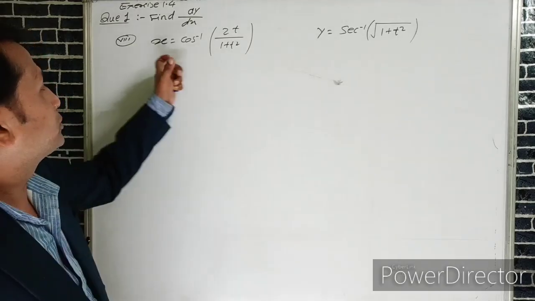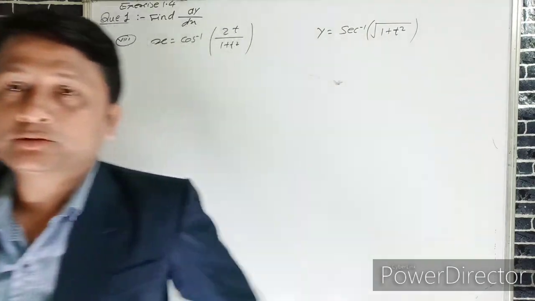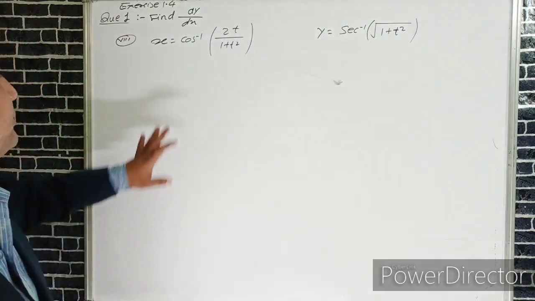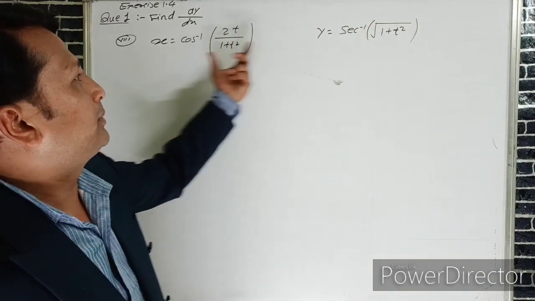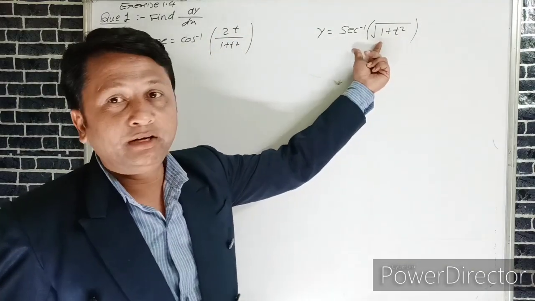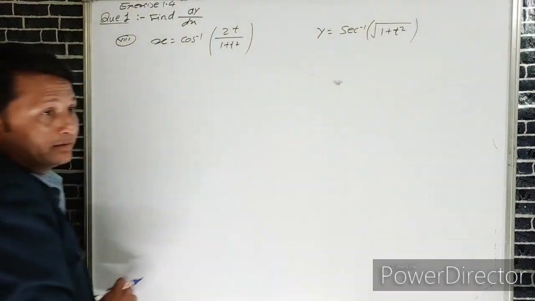Next one: x = cos inverse of 2t upon 1 plus t square, and y = sec inverse of under root of 1 plus t square. If we convert the whole term into cosine form, and the other into secant form, the inverse will get cancelled.